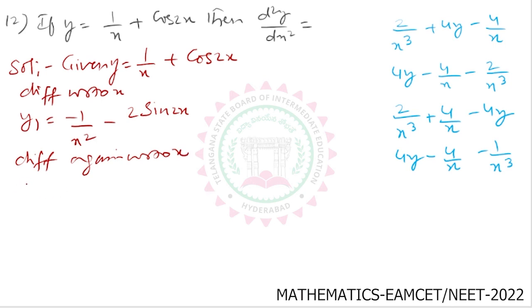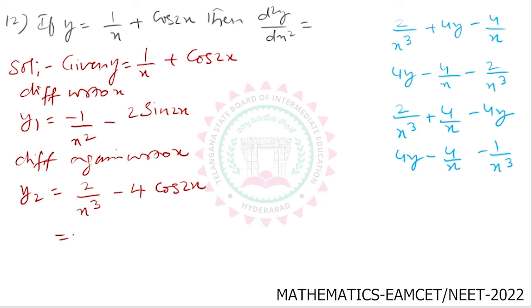So derivative of y1 becomes y2. So derivative of minus 1 by x square becomes 2 by x cube, minus derivative of sin 2x is nothing but cos 2x, 2 into 2, 4 cos 2x, right? He has not asked the answer in terms of cos 2x, but he has asked in terms of y.